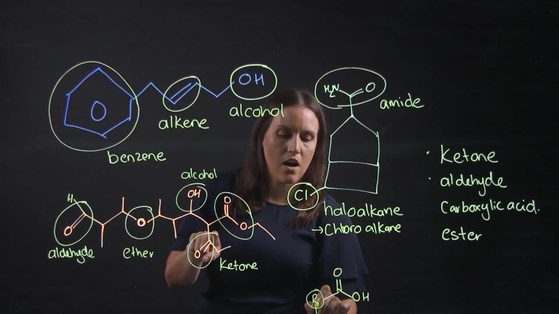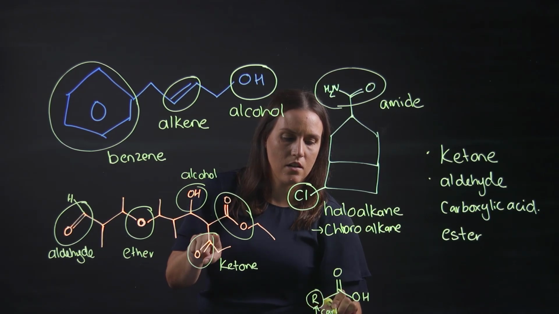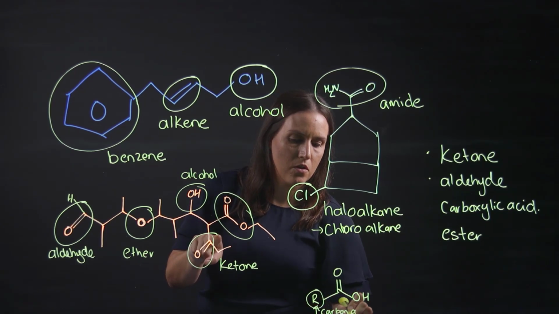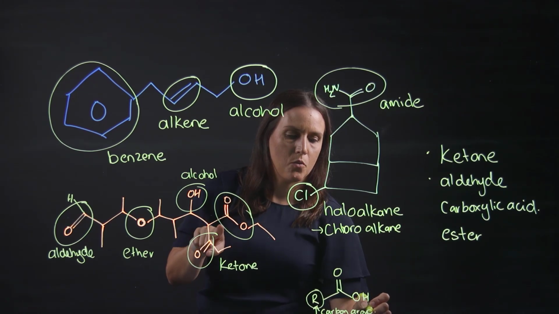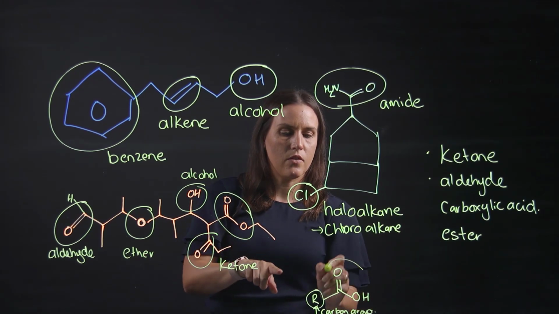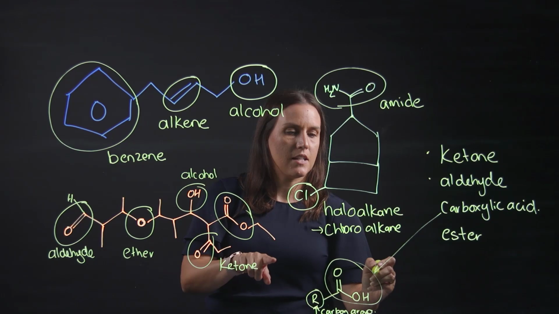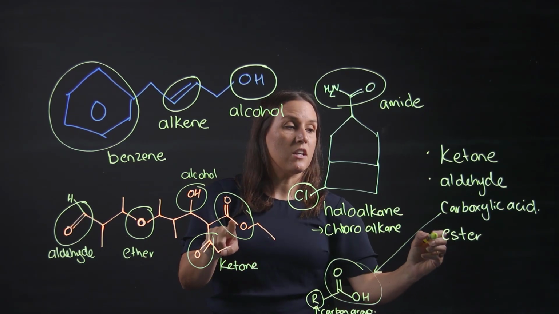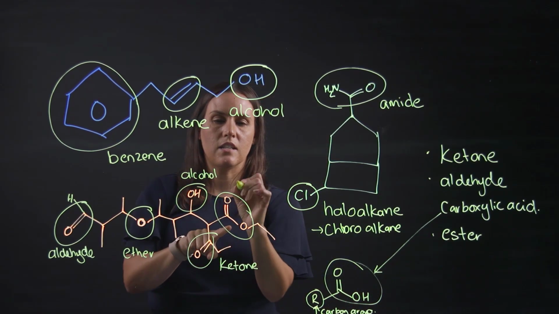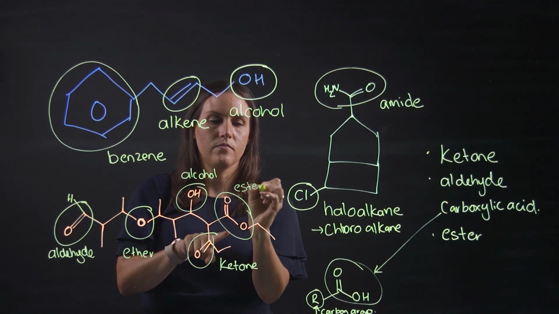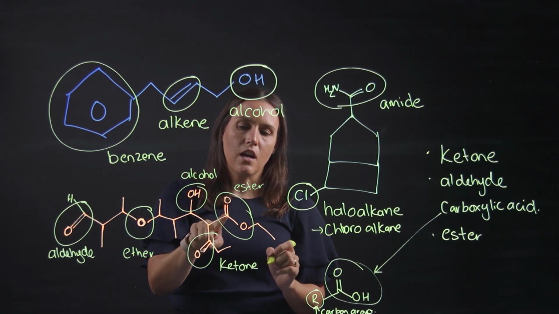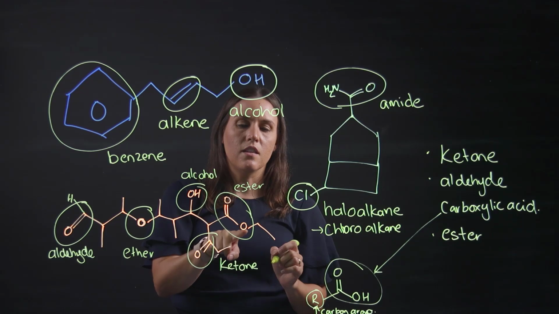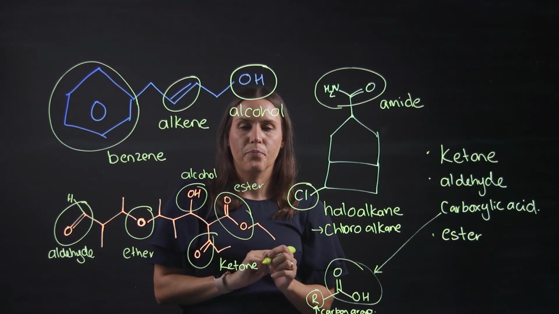So remember the R means a carbon chain or carbon group, so whatever that may be. So you're looking for this for a carboxylic acid. And the last one here is an ester. So this one's actually an ester. So you've got your carbonyl, and then you've got an oxygen that's bonded to another carbon group.